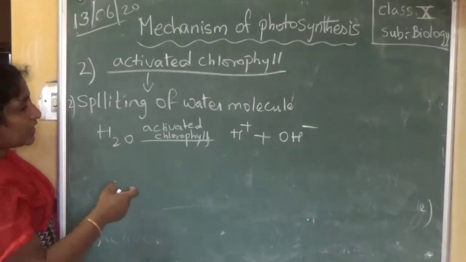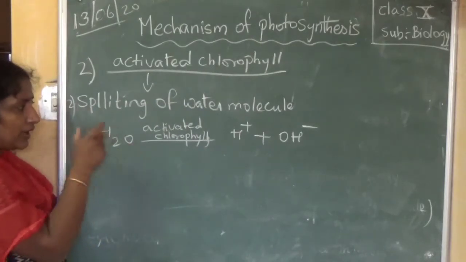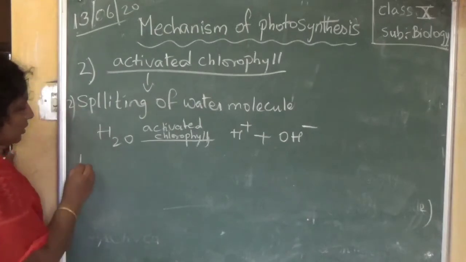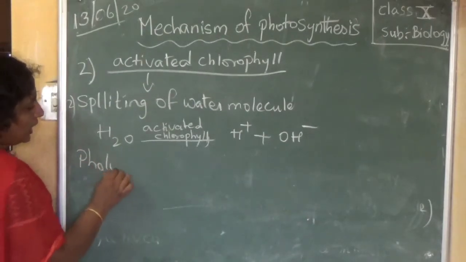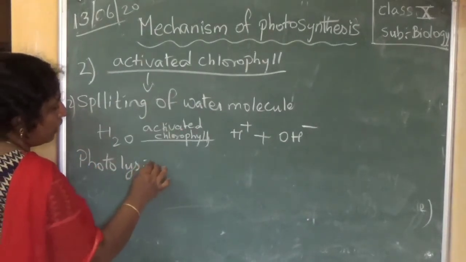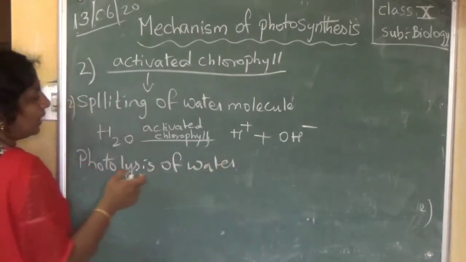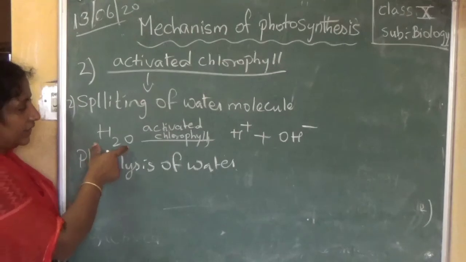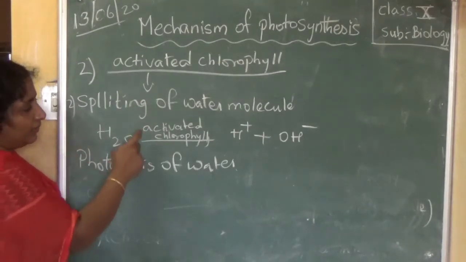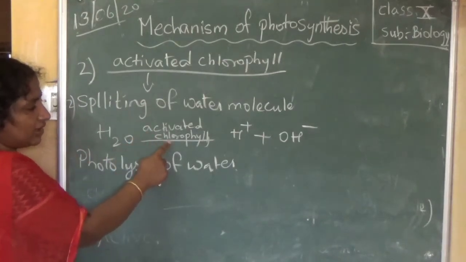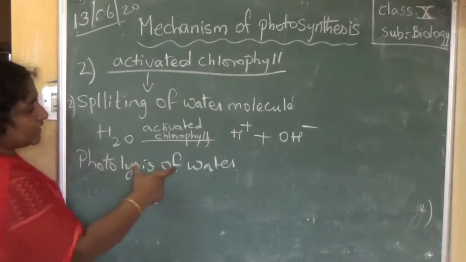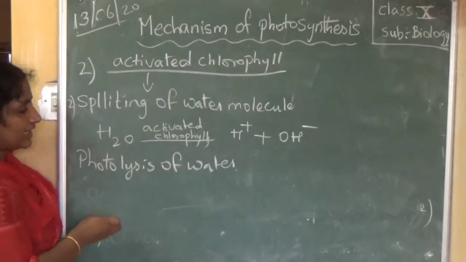Here, as water is split due to light energy, this step is also called photolysis of water, because water is split due to light energy which has been absorbed by the chlorophyll. So that is why it is called photolysis of water.